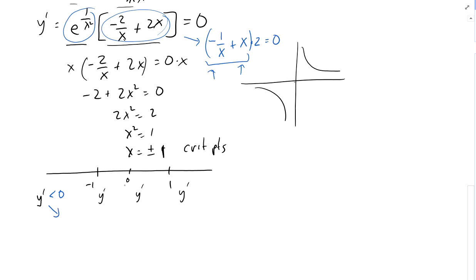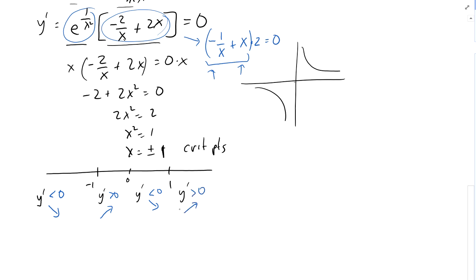Between negative 1 and 0, say negative 1/2, that makes this a positive 2 minus 1/2, which is positive. Between 0 and 1, say 1/2, this is going to be negative 2 plus 1/2, that's negative. Bigger than 1 is a big positive number, like 1 over 10 plus 10, which is positive.